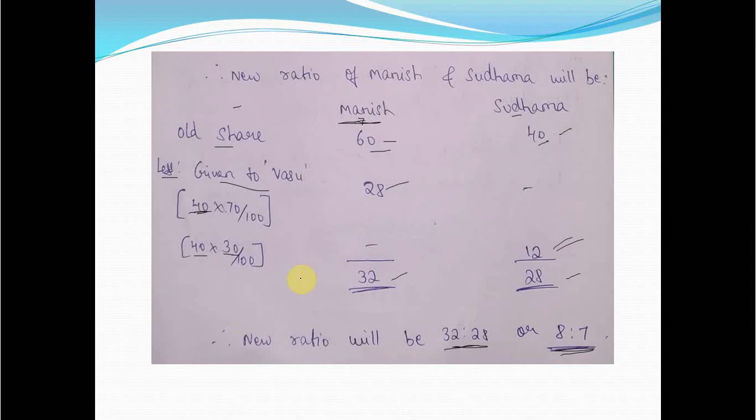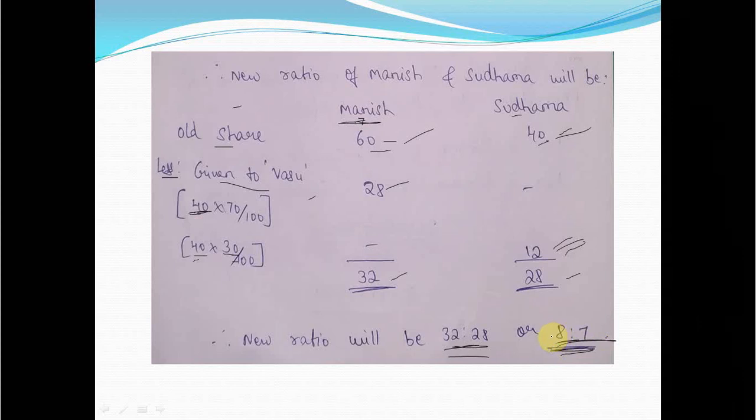Old share is 60 and 40, less given to Vasu. Manish contributed 40 into 70%, which is 28, and Sudama 40 into 30%, which is 12. So the new profit sharing ratio is 8:7.